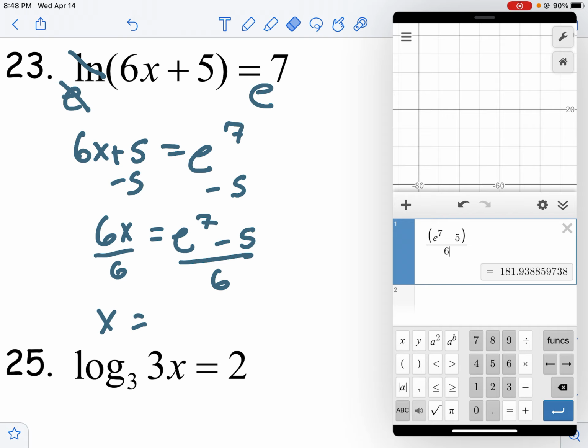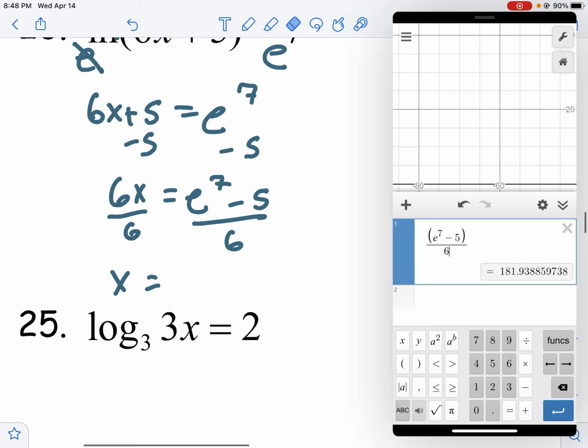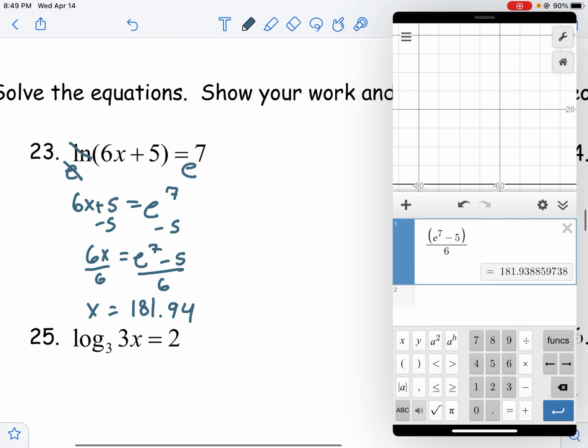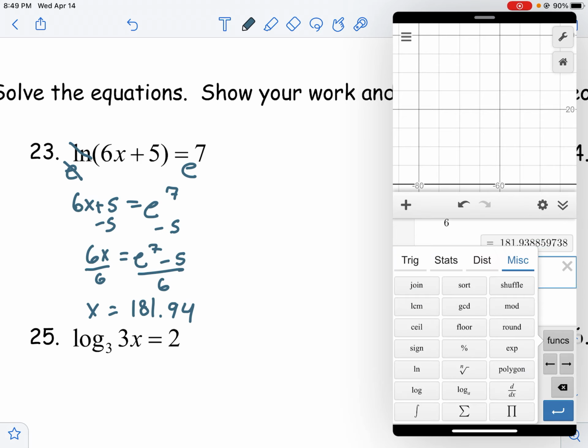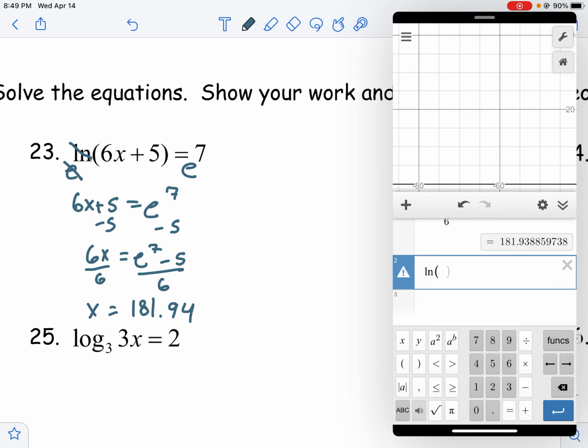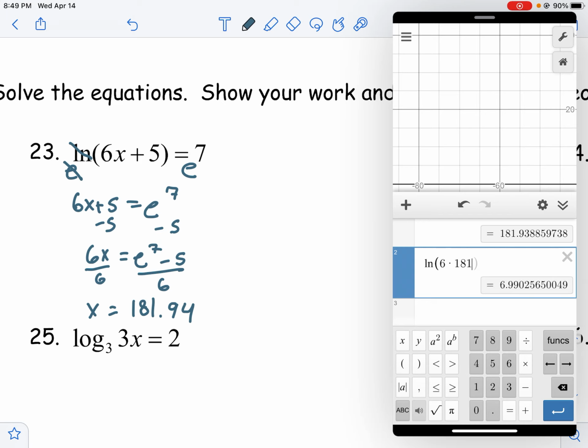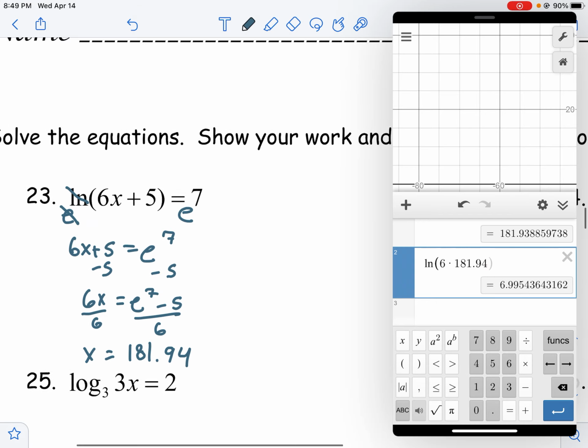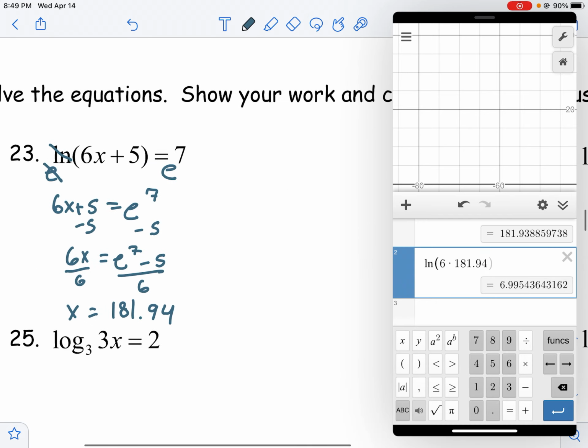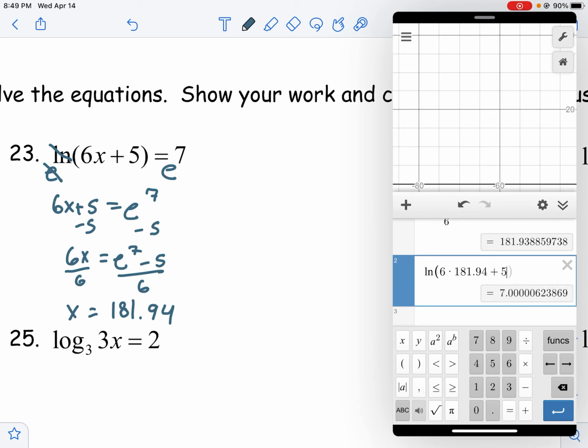So that gives us 181.94. And then we'll plug that in. So we have the natural log of 6 times 181.94, and then plus 5. Yep, gives us 7. So we're good.